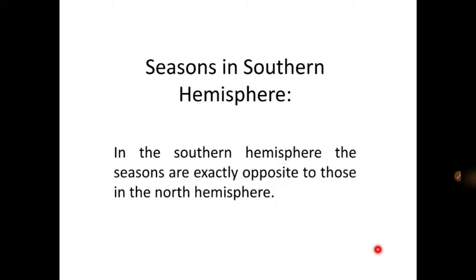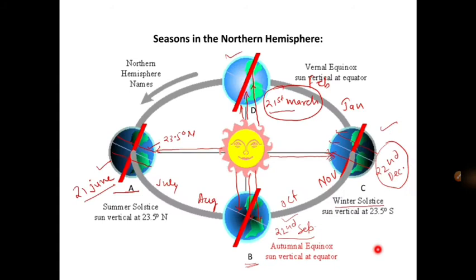Now, seasons in the southern hemisphere. In the southern hemisphere, the seasons are exactly opposite to those in the northern hemisphere. For example, when there is summer in the northern hemisphere, there will be winter in the southern hemisphere.